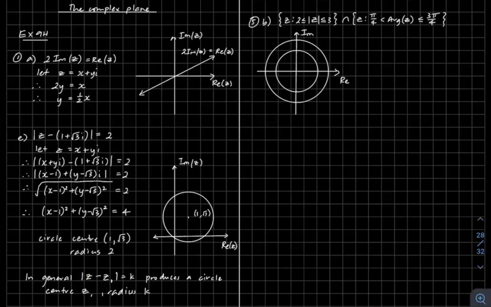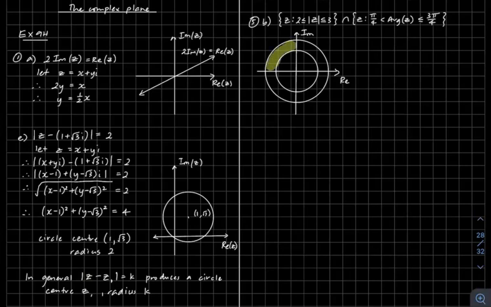So what we're saying is we need all complex numbers z whose modulus, in other words, whose distance from the origin, is greater than or equal to 2 and less than or equal to 3. So if this is a circle of radius 2 and this is a circle of radius 3, then it's going to be all the points around in that region, including the points on this line and this line, because it's got the equals 2 as well on the greater than or equals.